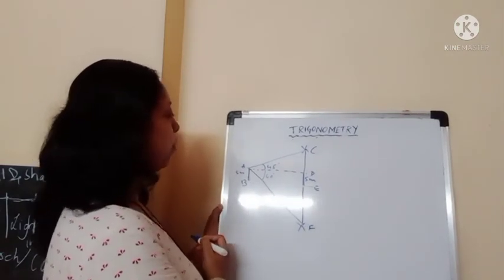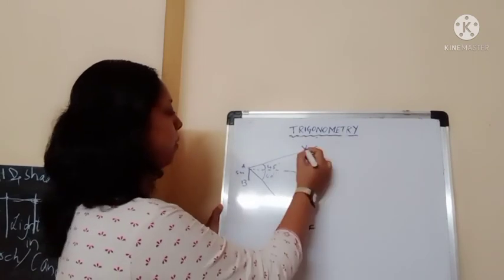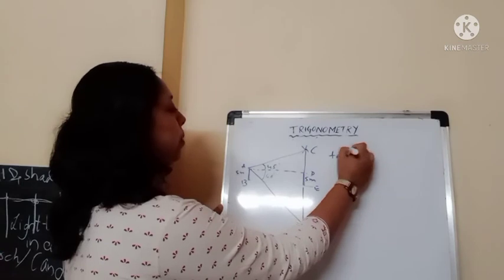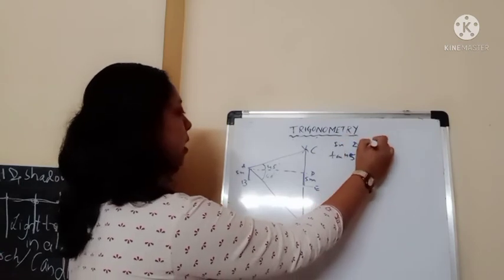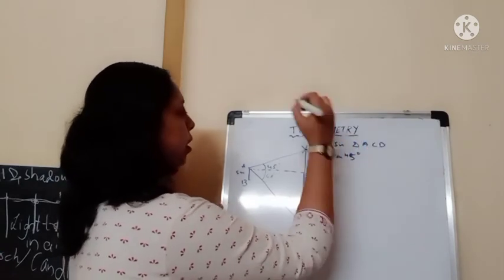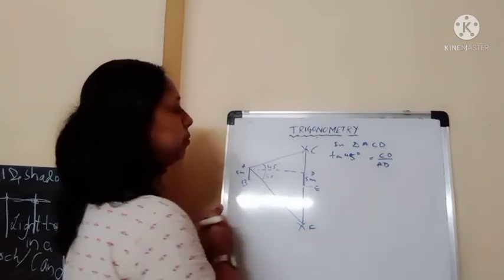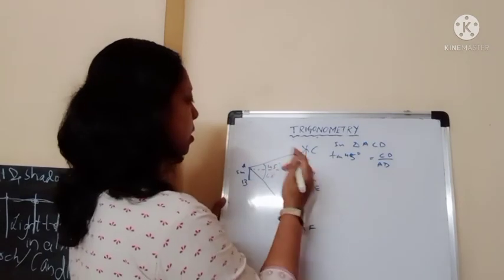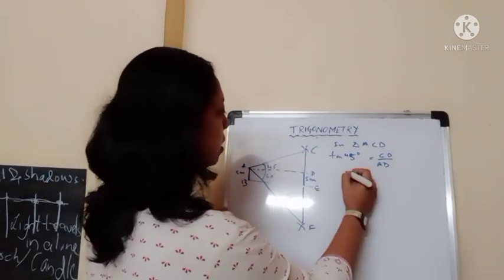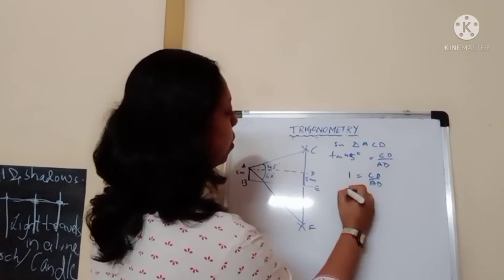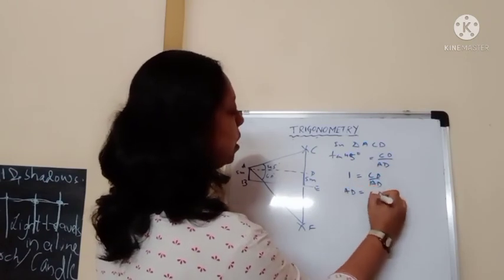So what we have to do, see 45 degree means this side is equal to this side. In triangle ACD, tan 45 degree is CD by AD, and tan 45 degree is 1, so CD upon AD is 1, so AD is equal to CD.